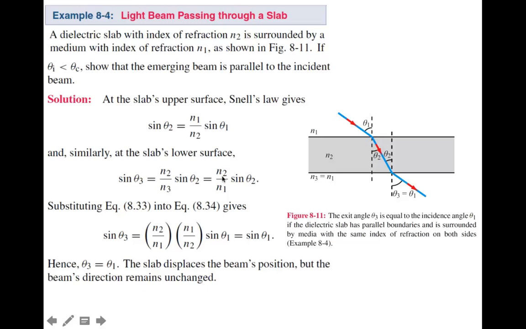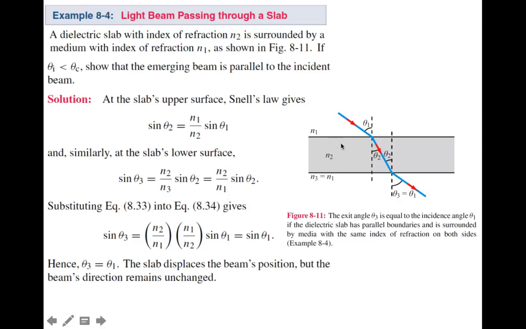But in this case, n3 is equal to n1, and the sine of theta 2 was given by the previous equation. So we can substitute the top equation in for the sine of theta 2, and n1 in for n3, and we end up getting that the sine of theta 3 is equal to the sine of theta 1, which means that theta 3 is equal to theta 1.